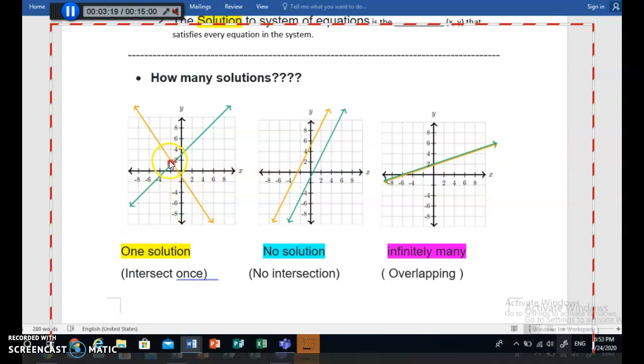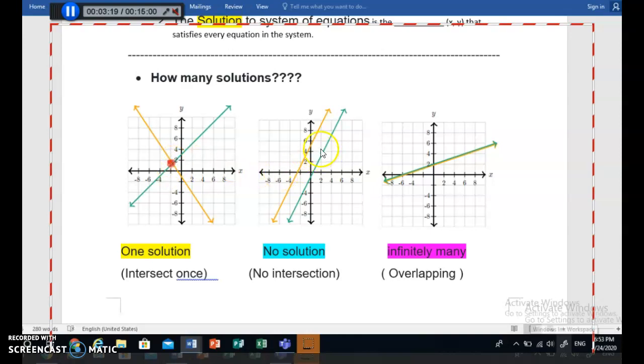It only intersects once, so one solution. Every time there are two equations like this, it always touches 1 point. So you can also call it consistent.